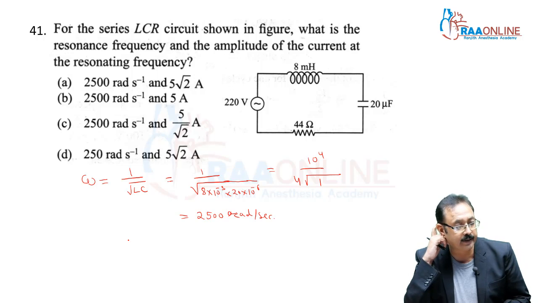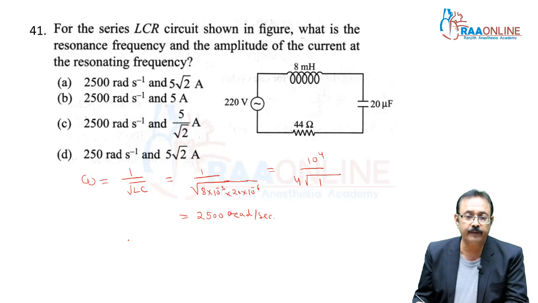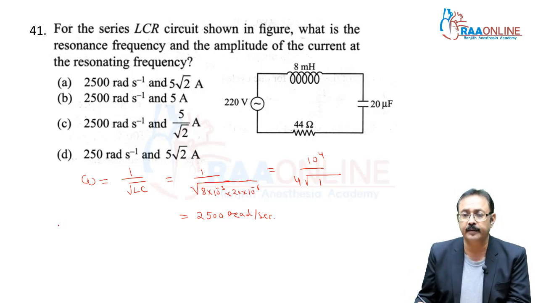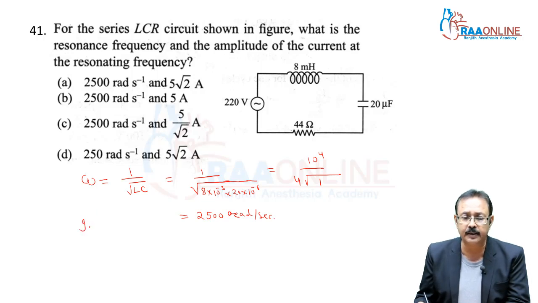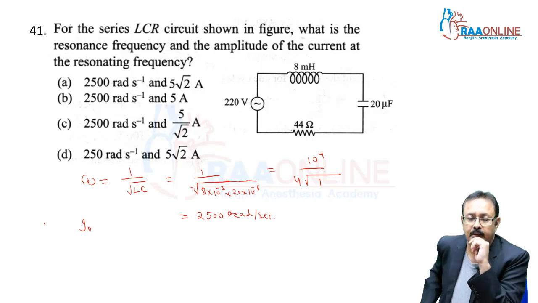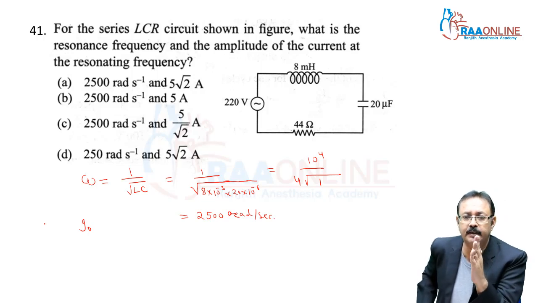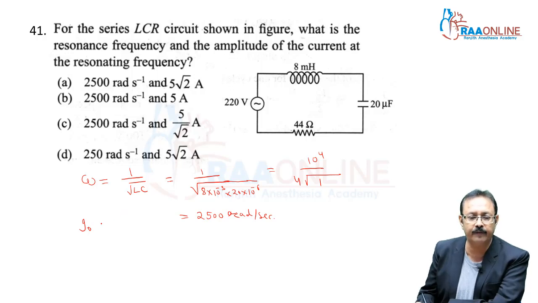How do we calculate the current? For current we need resistance. At the time of resonance, XL minus XC becomes 0. So no voltage is taken by the inductor and capacitor. The whole voltage is across the resistance only.